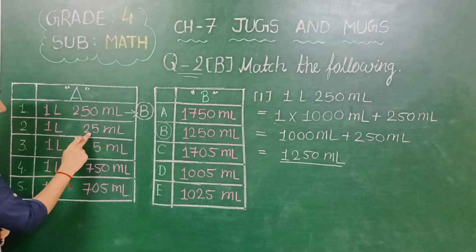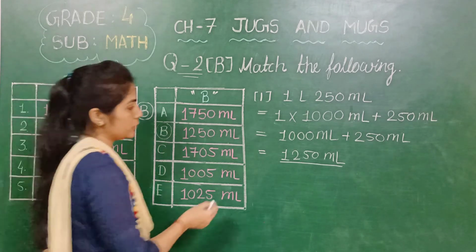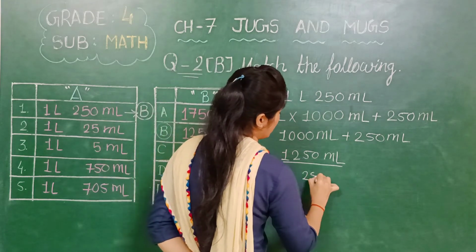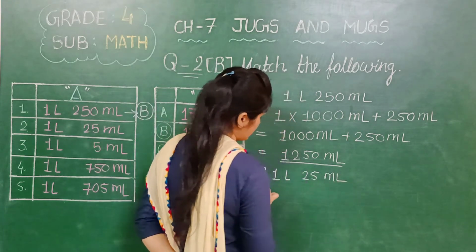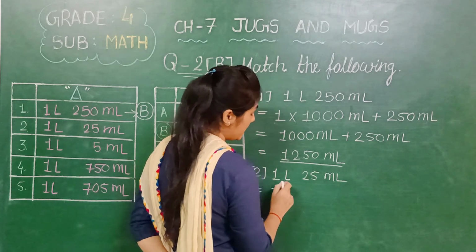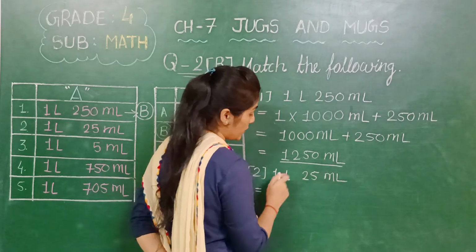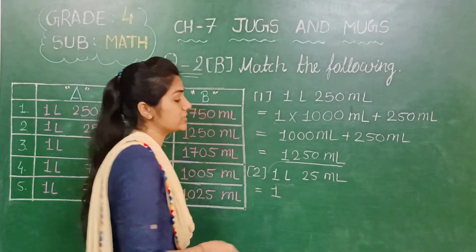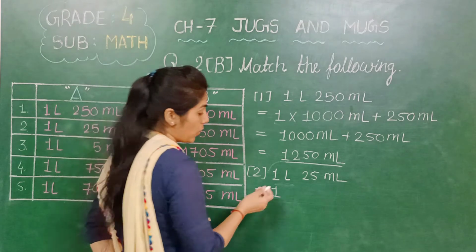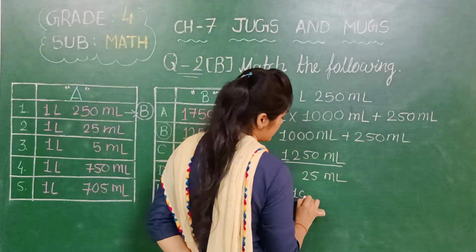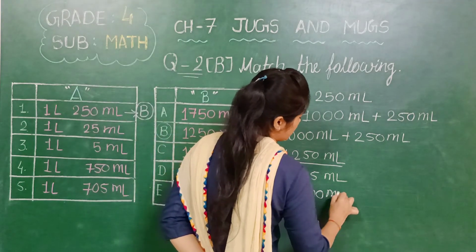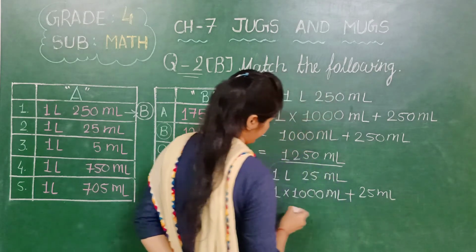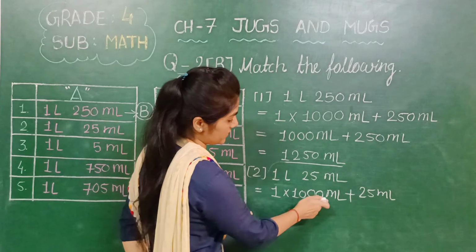Now number 2. 1 liter and 25 ml. Similarly, we have to do the sum. Same method we will apply. This 1 liter we are converting into milliliter. So 1 liter is equal to how much milliliter? You already know that it is 1000 milliliter, plus copy the same 25 ml. So 1 we have to multiply with this 1000 ml.